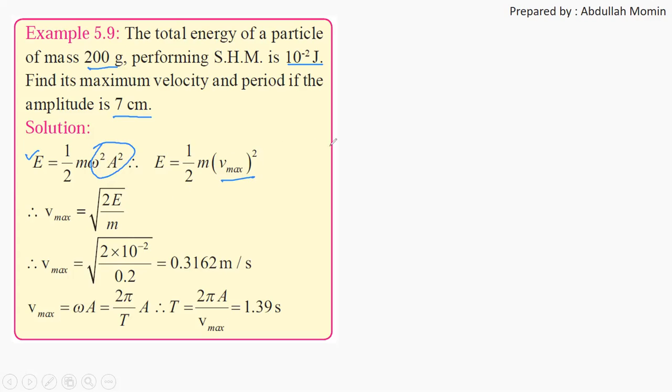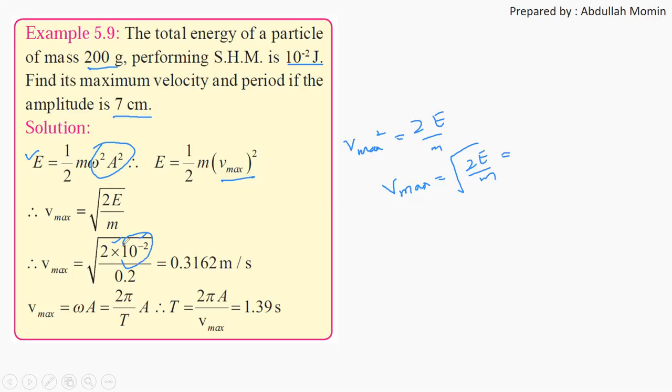So we will get V max square as 2E by m, and V max can be written as root 2E by m.